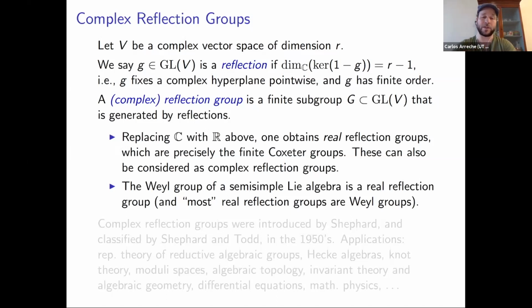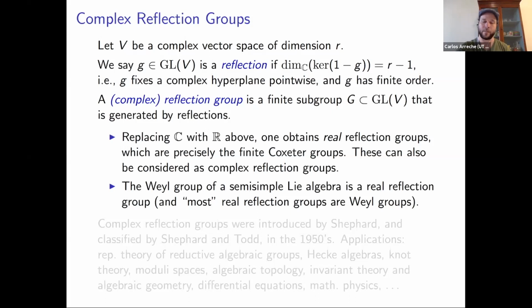So examples of these things are any Weyl group of a semi-simple Lie algebra. These are the crystallographic ones, and in fact, most real reflection groups do happen to be Weyl groups, with a few exceptions, and then an infinite family of exceptions.